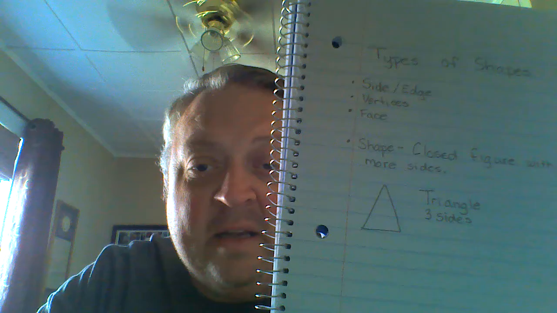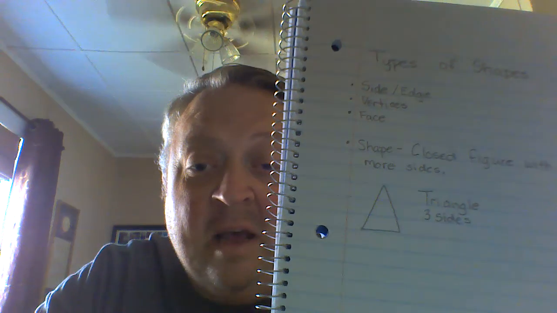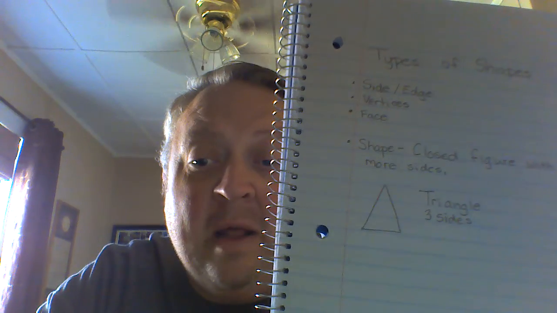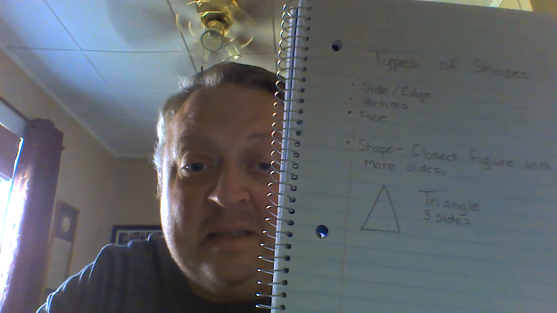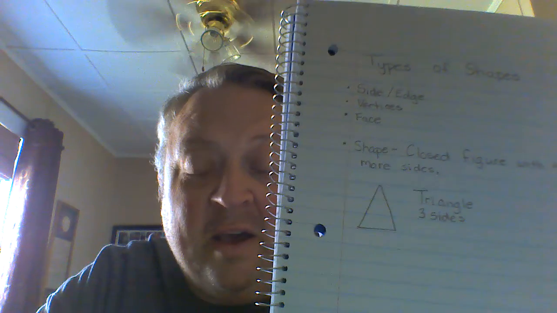All right. So now when we talk about our vertices, a vertex is where two sides meet to form an angle. Okay, so I'm going to show you right here on mine. I'm going to draw a dark dot, and we'll call that a point. And this is the point or the vertex. And when there's more than one, it's your vertices.